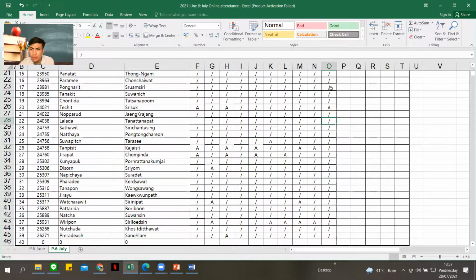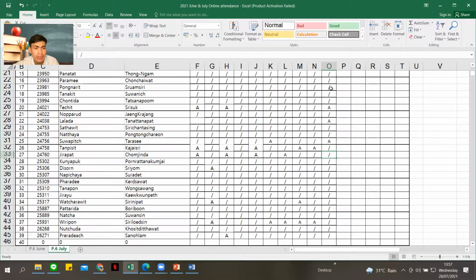What about number 22? Are you here, number 22, Lalada? Lalada is absent. 23, 24. Number 25, Suwapich, are you here? 26.